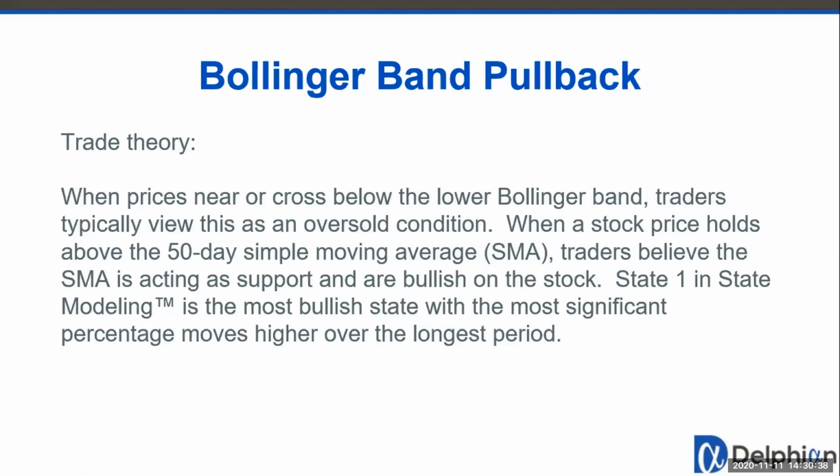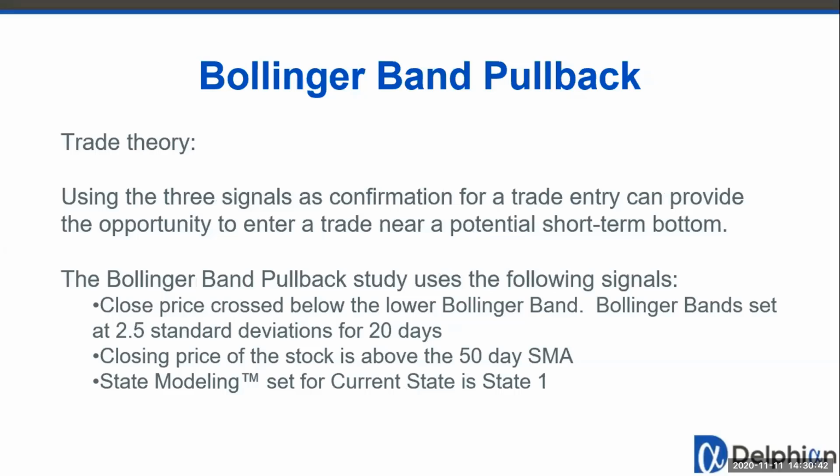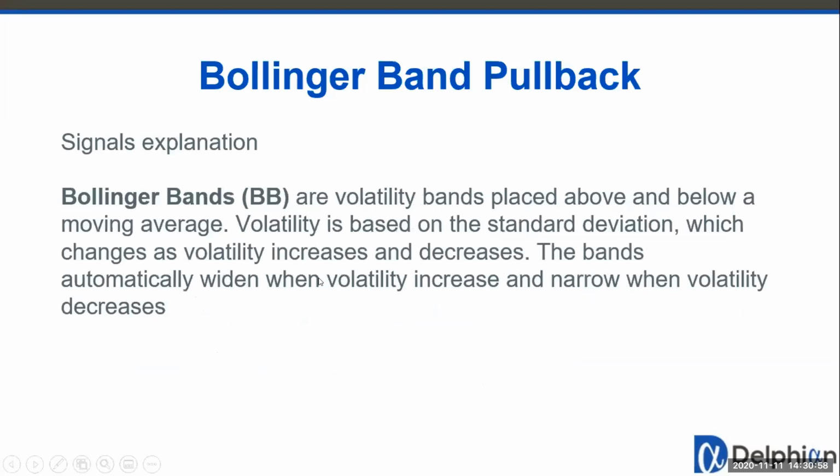The key for this is that it holds in that state one and resumes upward. We use the 20 days and 2.5 standard deviations for the Bollinger Band. We're looking for a cross below, and it has to hold above that 50-day SMA, and then it's in state one.